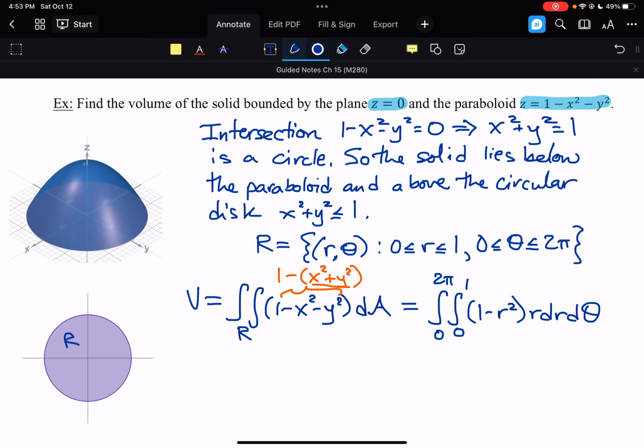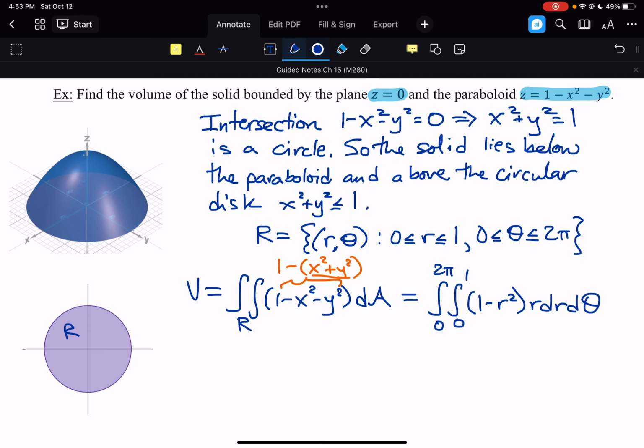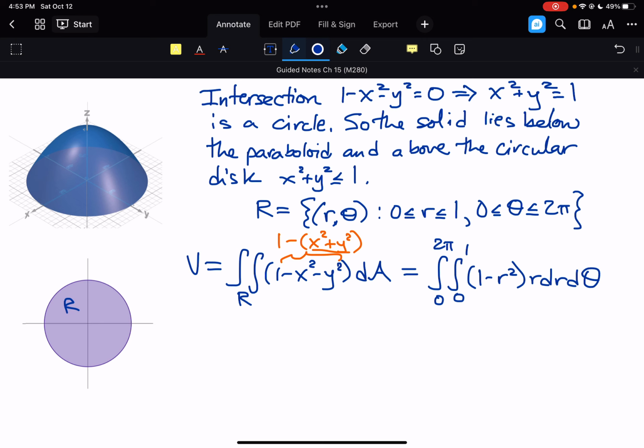Now, an interesting thing that we can actually do here, because we have all constant bounds here, and this is all a function of r, and there is no theta in here at all, we can employ one of the properties we saw that was a result of Fubini's theorem that said if you have a product of a function of one variable times a function of another, we can split the double integral into two singles.